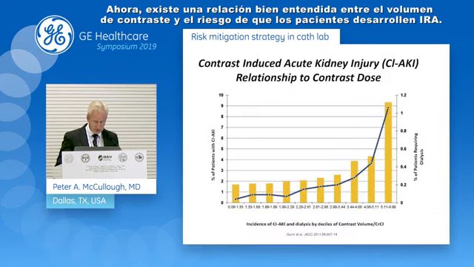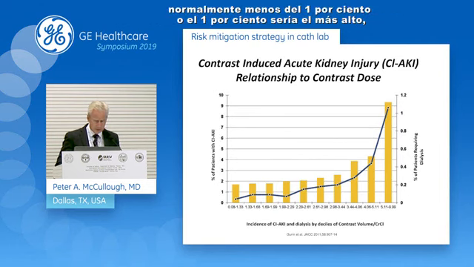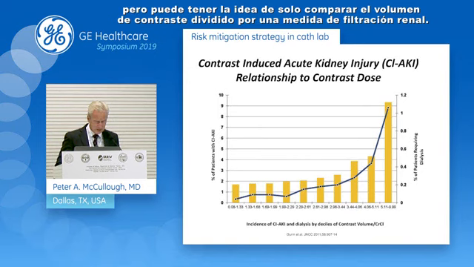Now there's a relationship that's well understood regarding the amount of contrast volume and the risk of patients developing contrast-induced acute kidney injury. In fact, the risk of patients going on to dialysis after contrast injury is always small, typically less than 1%, or 1% would be the highest. But you can get the idea by comparing the contrast volume divided by a measure of renal filtration.